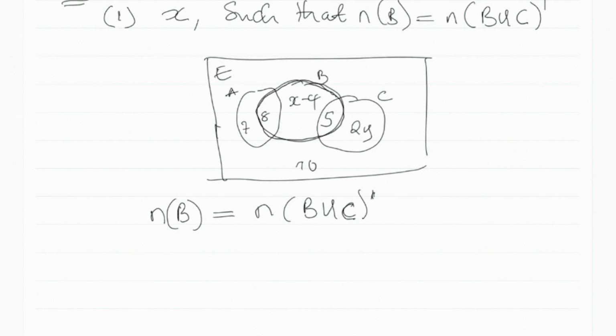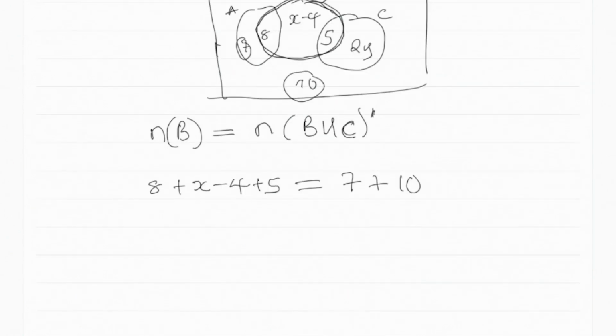So the number of elements in B is 8 plus x minus 4 plus 5. Then we equate to the number of elements in (B union C) complement, meaning those elements that are not found in B or C, but are found either in A or in the universal set. So what are these elements? We can find 7 and also 10. This 10 and the 7 are not part of B and C.